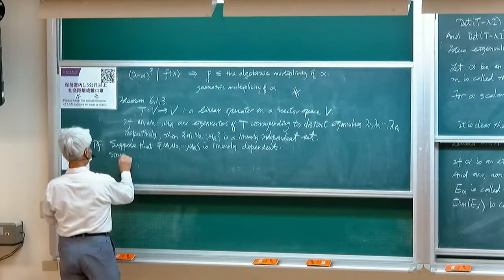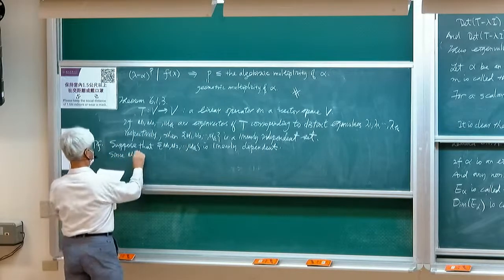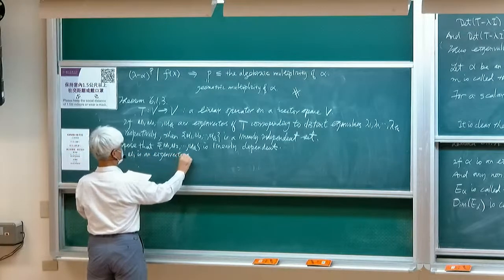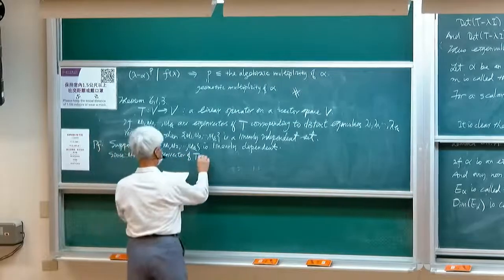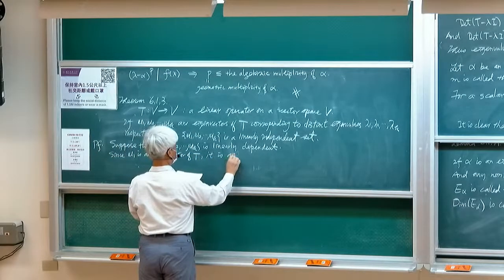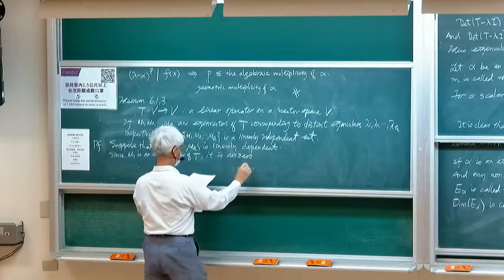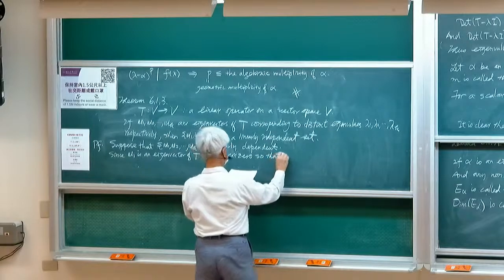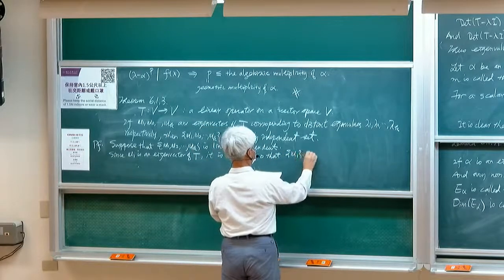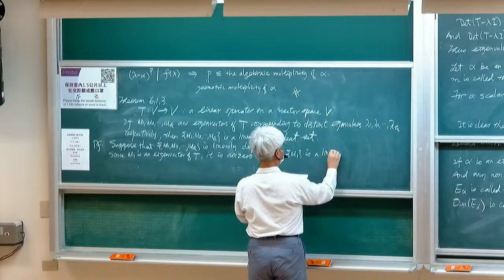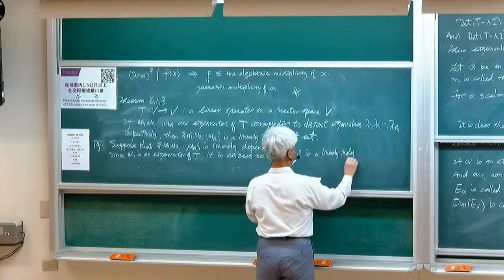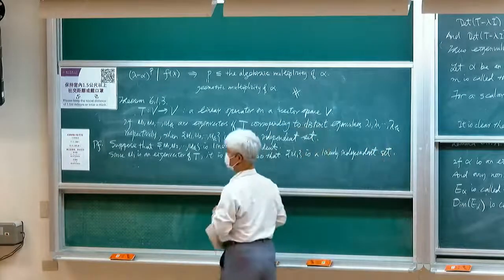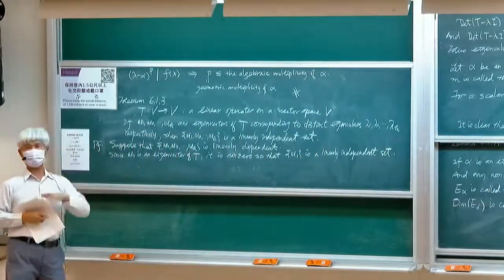Now, since U1 is an eigenvector of T, it is non-zero, so that the singleton is a linearly independent set. So U1 itself is a linearly independent set.